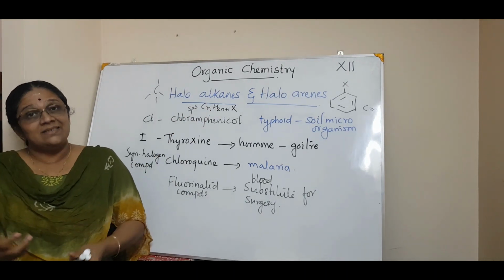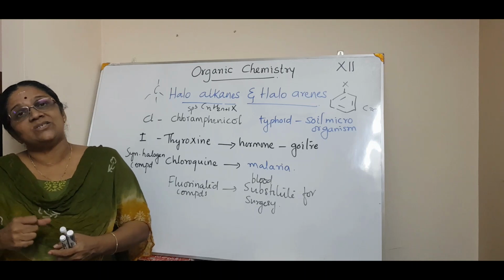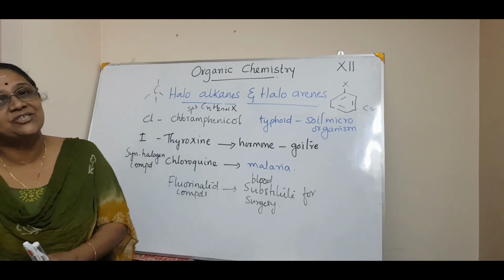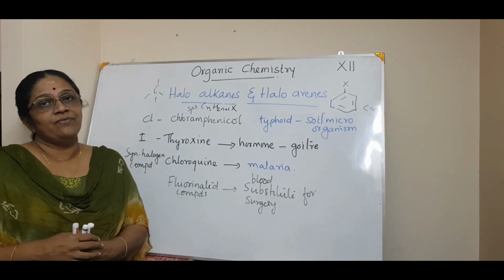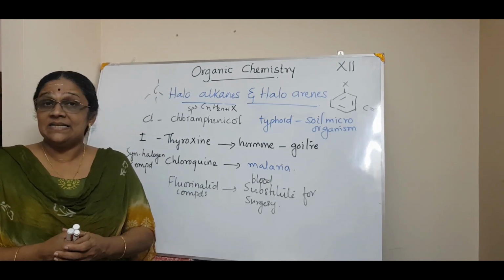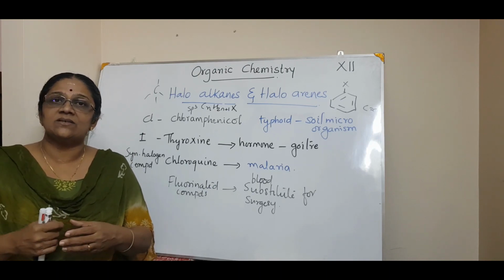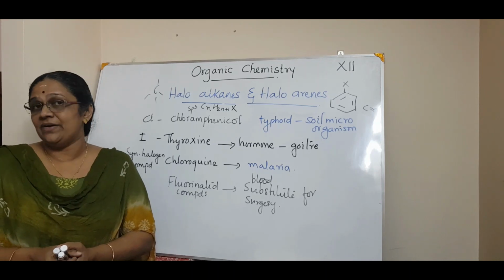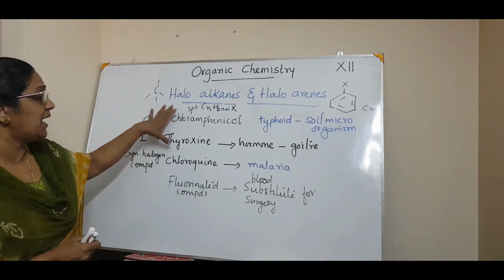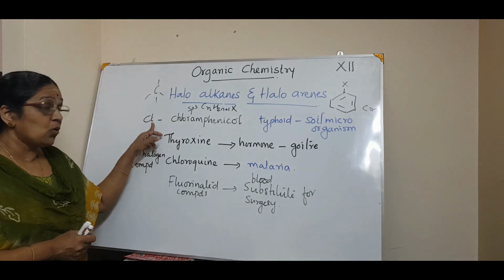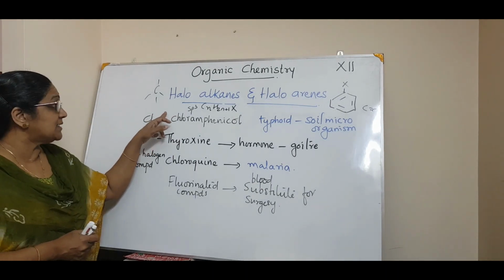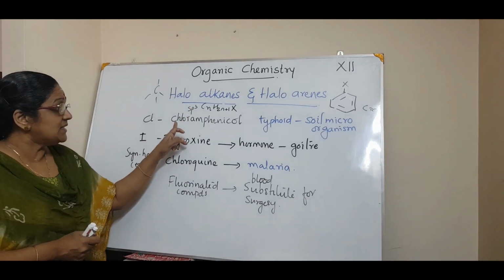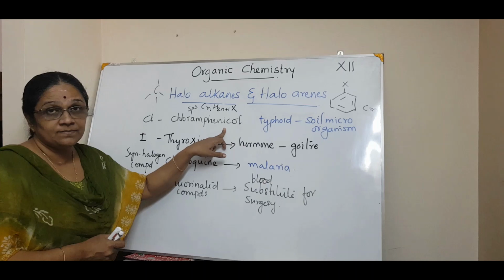Now when you consider the haloalkanes or haloarenes, they have very many applications in our daily life and mainly in medicines. In the medical field, haloalkanes and haloarenes have very important, wide applications. Some of the important things I have written here. For example, if the halogen atom is chlorine, there is a medicine called chloramphenicol.